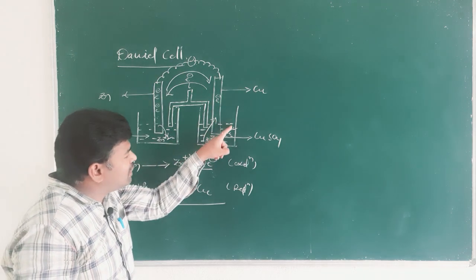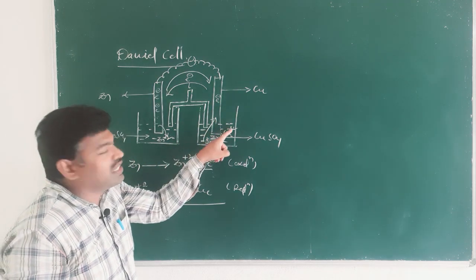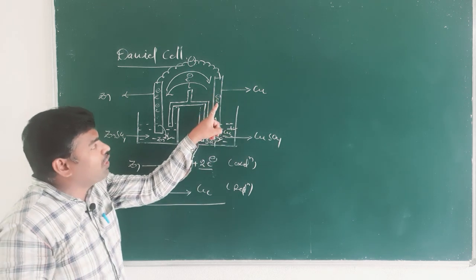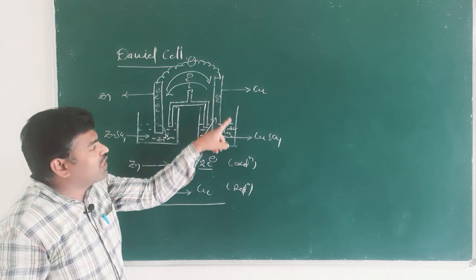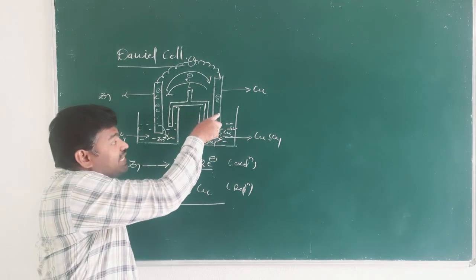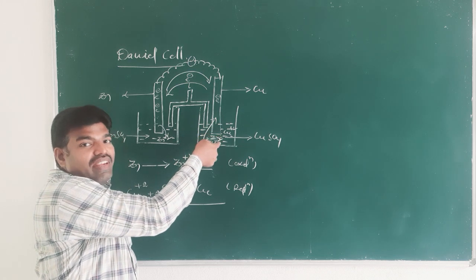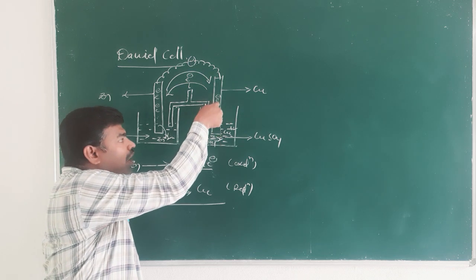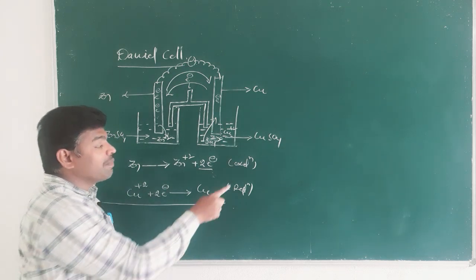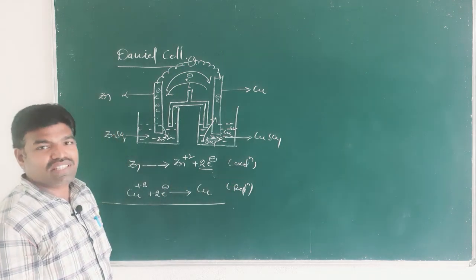So the copper rod is positively charged and the copper sulfate solution is negatively charged. There exists a potential between the copper rod and copper sulfate solution, and that potential is called reduction potential.